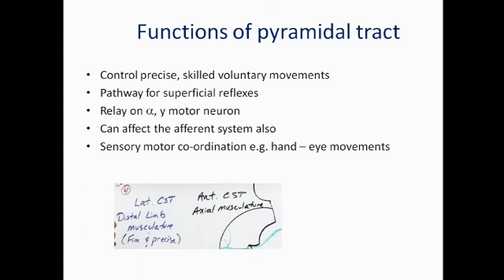Sensory motor coordination is what we use mostly in day-to-day or routine life, and definitely both systems are important, the ascending pathway and the descending pathway. That is hand-eye movement. So with the eye, you see the object, and there is a stimulus going from the retinal fibers into the somatosensory cortex.